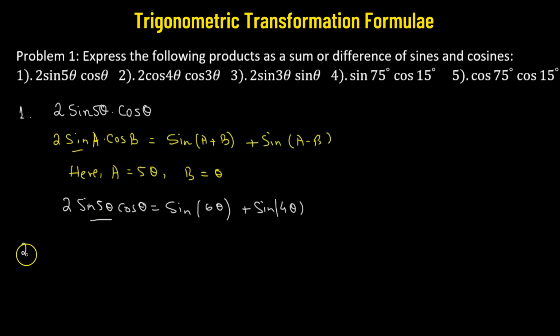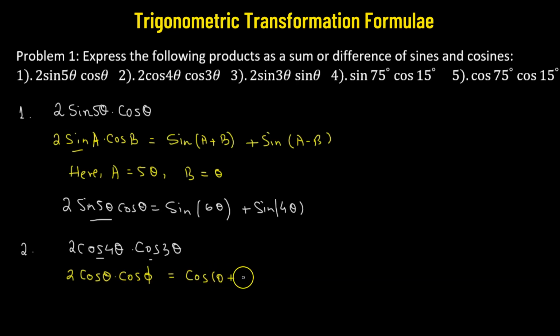Fine. Coming to the next one, we now have 2 times cosine of 4 theta times cosine of 3 theta. Now when both factors are cosine, that means it is going to be a sum of 2 cosine functions. So here we're going to use the fact that 2 times cosine of theta times cosine of phi is equivalent to cosine of theta plus phi plus cosine of theta minus phi.